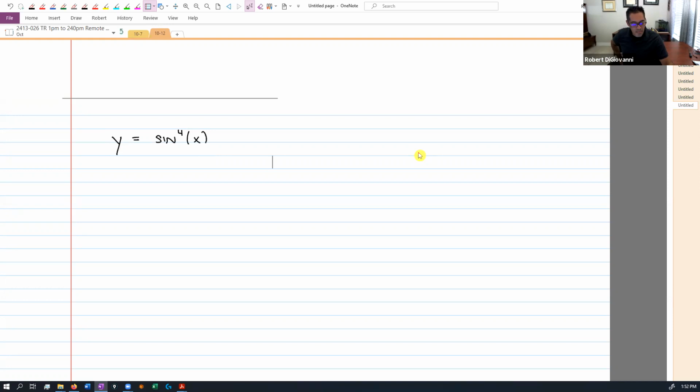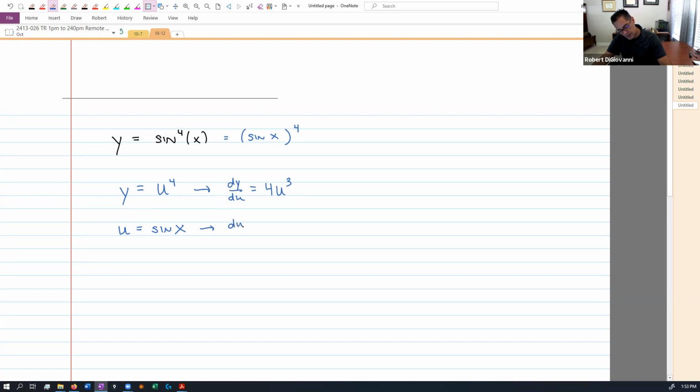Okay, you ready? This one, you do have to realize this is sine x to the 4th. So I'm going to say y is u to the 4th, right? It's something to the 4th power. And then the something I'm talking about is sine x. Then I take the derivatives. dy du is 4u cubed.